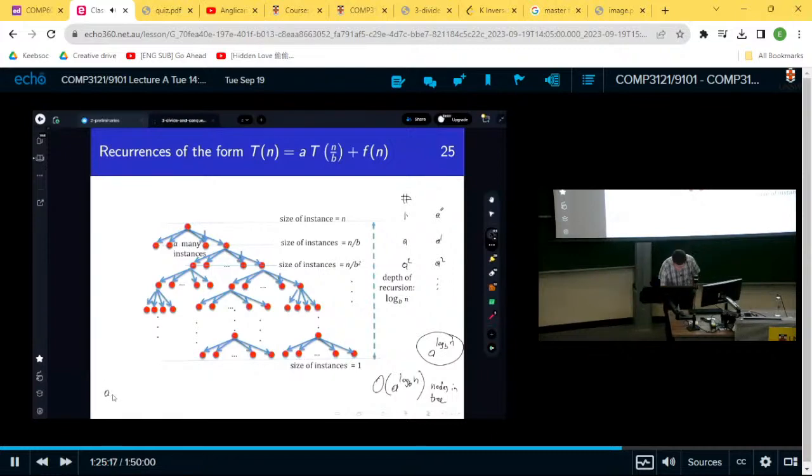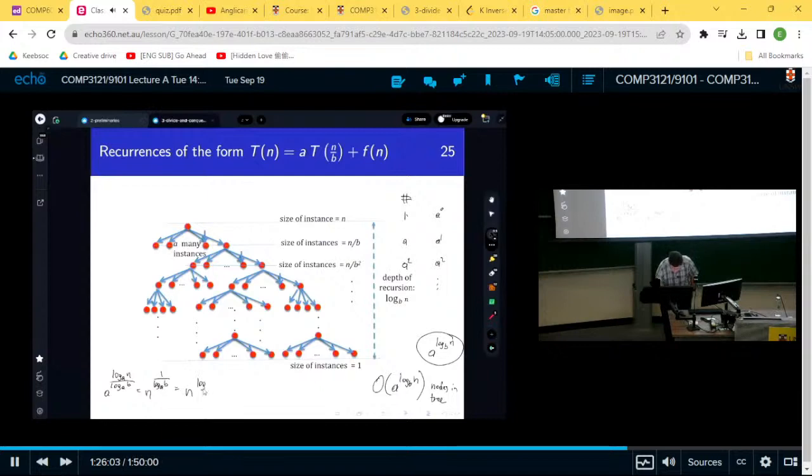A to the power log base b of n. Let's make a change of base for the log. We're happier with log base a, because we have a in the base. So log base a of n, divided by log base a of b. Now we can say this is equal to n to the power 1 divided by log base a of b. Now let's make another change of base, back to base b.